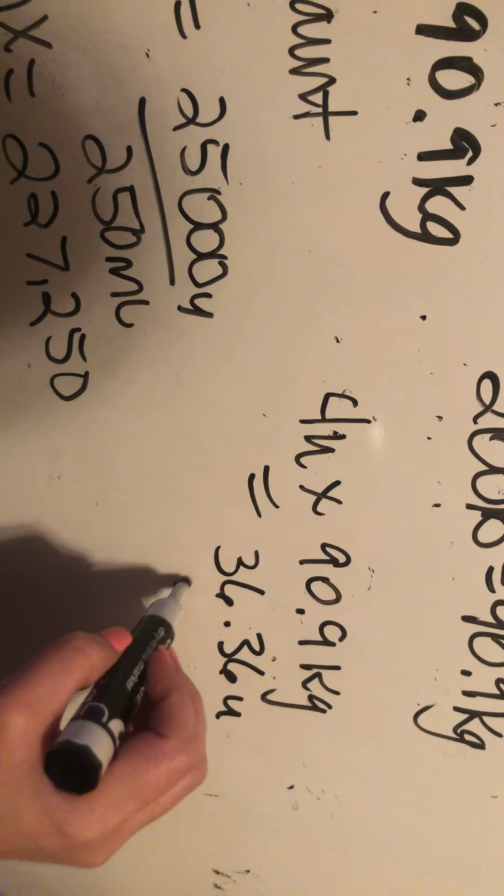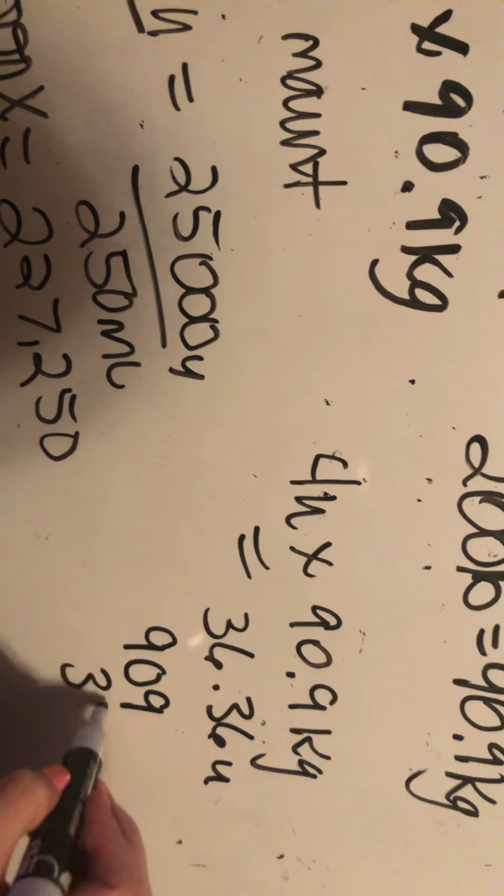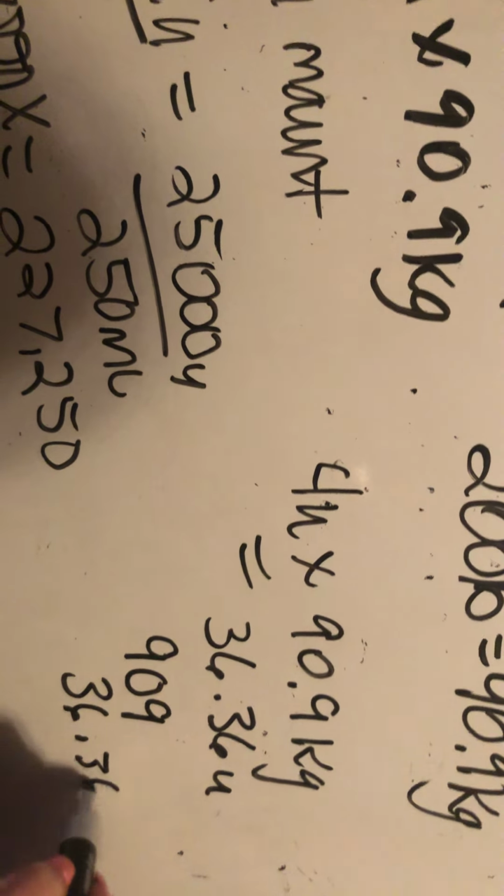So we're going to add 909 with 36.36, if that's right. No, something's not right about that. Oh, I'm sorry. That's why it's not right.